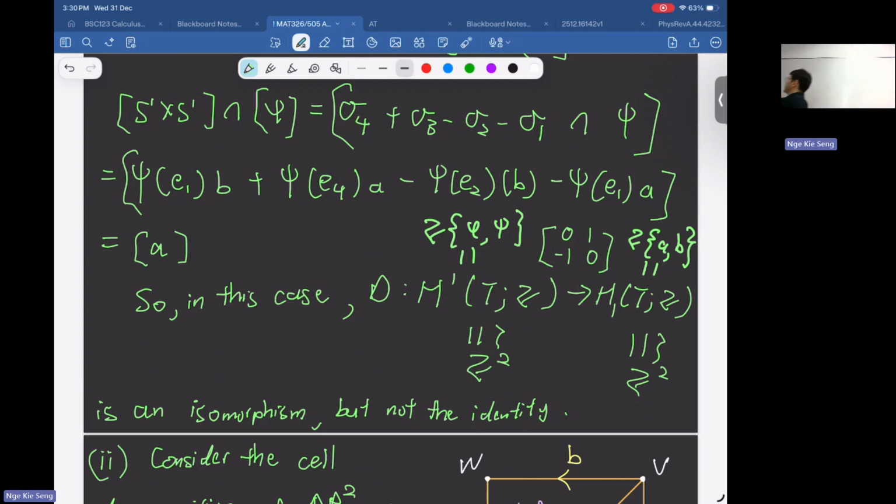We send phi to minus B, and then psi gets sent to A. Is this true? If you cannot see this basis, I think we need to do a change of basis here. But change of basis here is just making it into the standard basis, 1, 0, and 0, 1, like that.